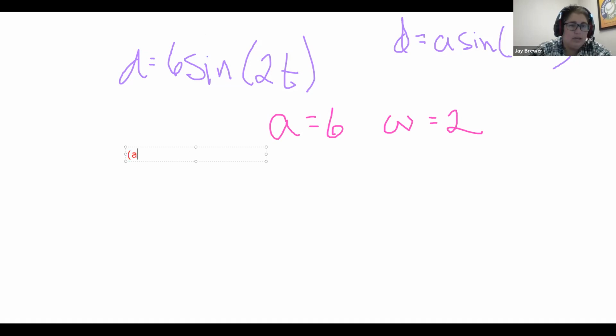would you consider that a simple harmonic motion? You would, right? Because that follows the exact same pattern, doesn't it? So because that follows the same pattern, then you say that it's a simple harmonic motion.